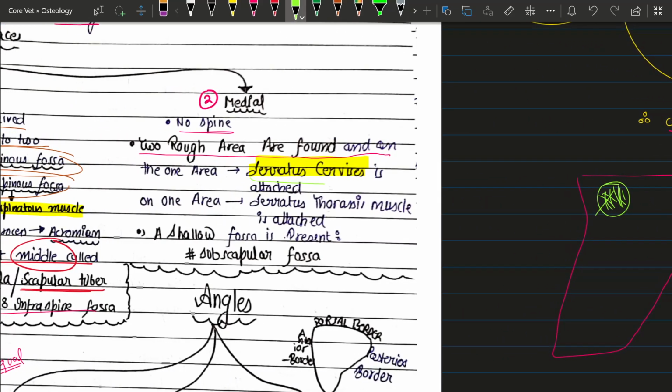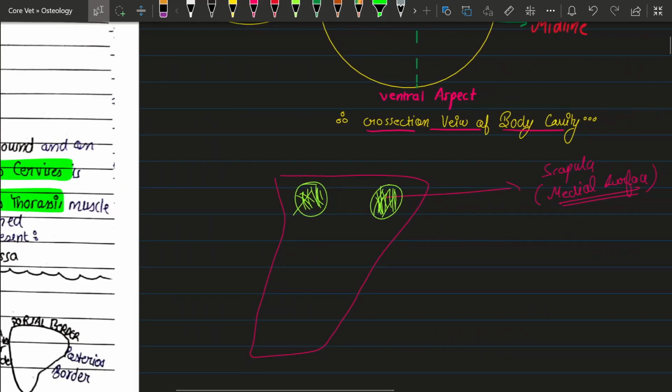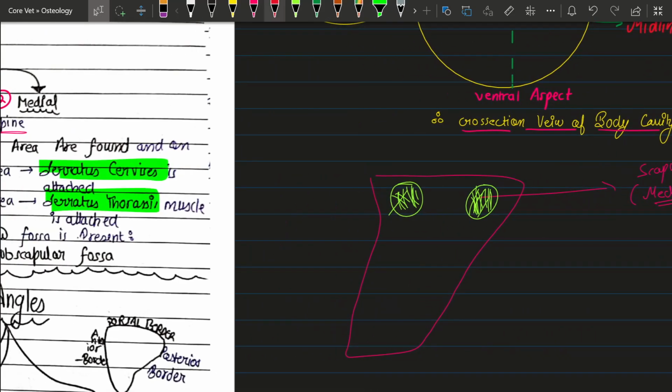They are serratus cervicis and serratus thoracis, which are attached to these two rough areas. The serratus cervicis is attached to this part, and this part gives accommodation to serratus thoracis.